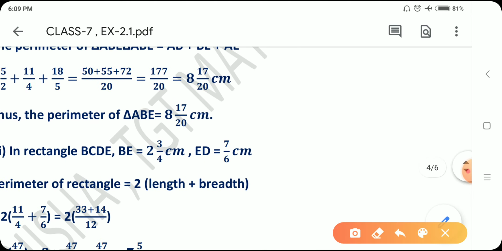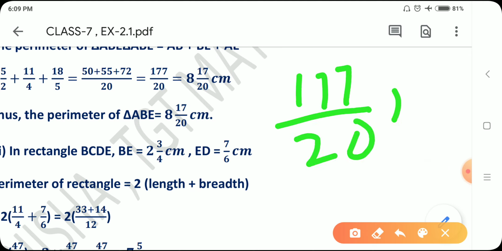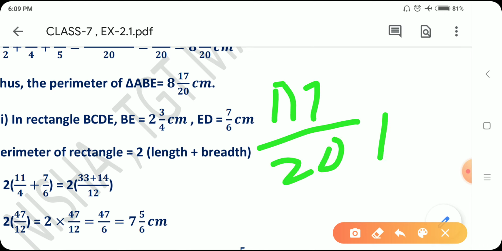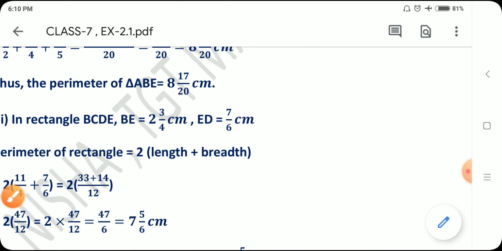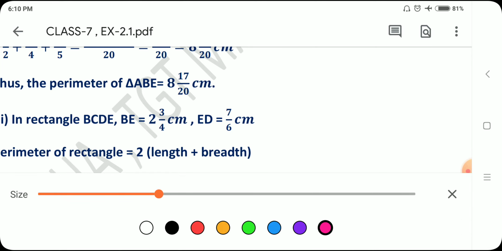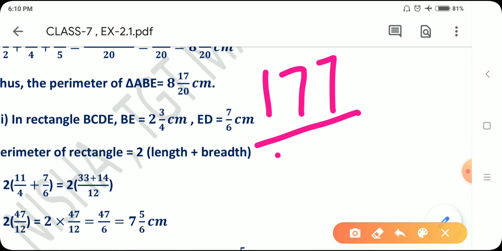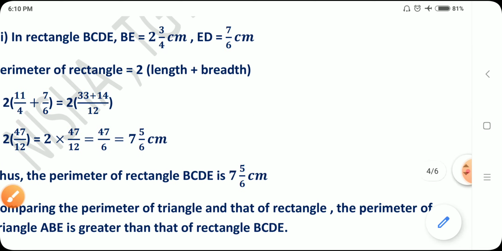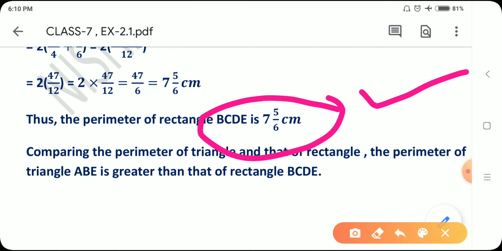You will have to check that the perimeter of the triangle is 177 upon 20 and the perimeter of the rectangle is 47 upon 6. You have to compare these two fractions by taking LCM and then check which one is greater. So when you check, then you see the perimeter of the rectangle is greater.